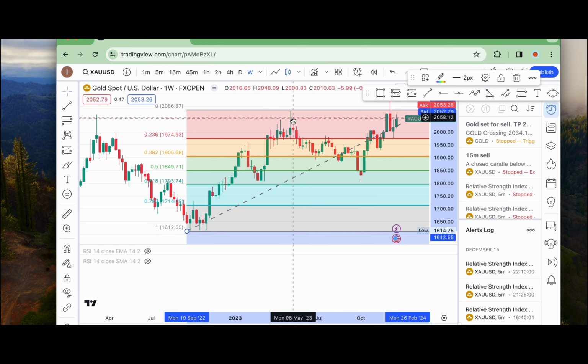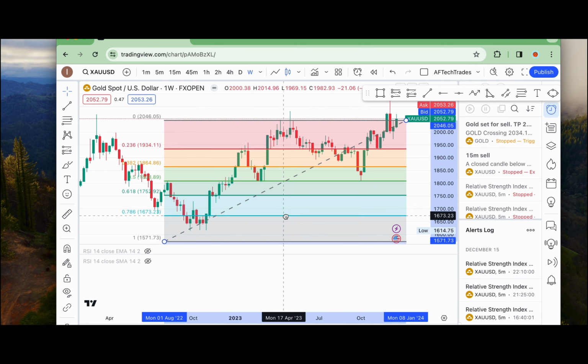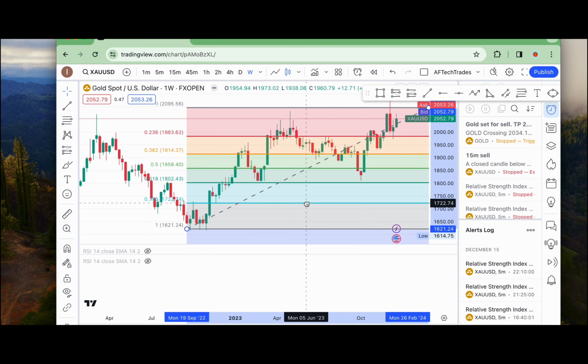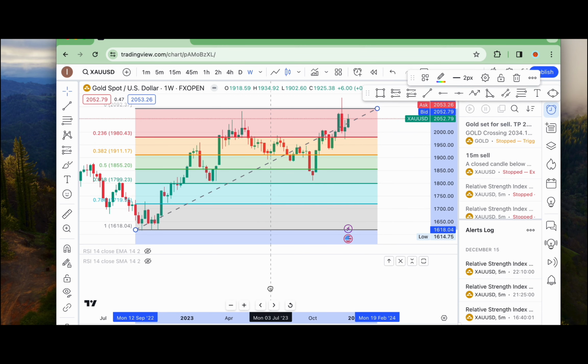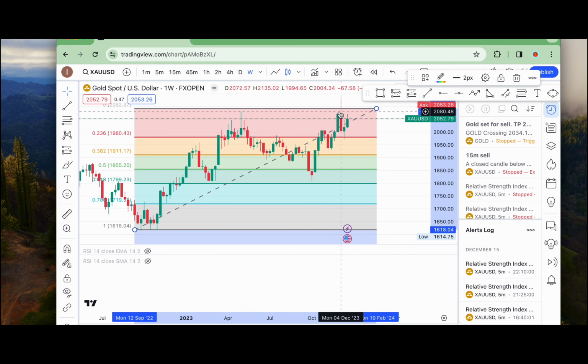So clearly there is an indication that as soon as it breaks this, it's going to go beyond this level before it stops. This is the Fibonacci. Then what happens afterward is that it breaks this.